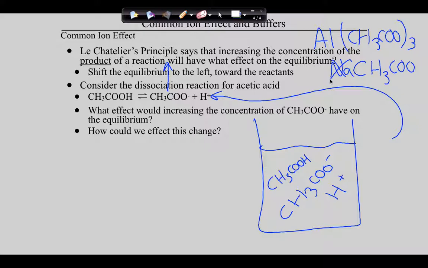Those are our choices, because those are the cations that form strong bases. But sodium acetate is the cheapest of all of those, so that's the one we're going to use. Get the idea? Okay, so what are we going to do? Well, we're going to go grab a bottle of sodium acetate, which looks actually a lot like table salt, and we're going to dump it in here.